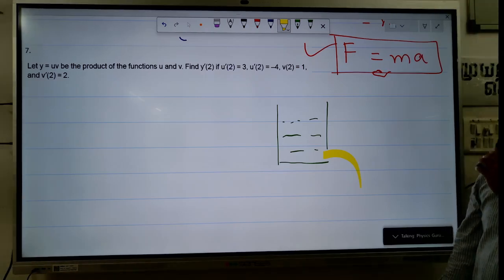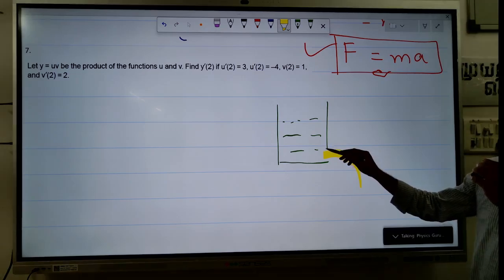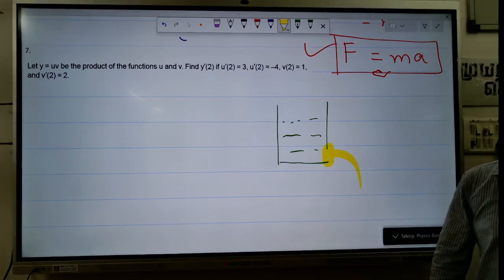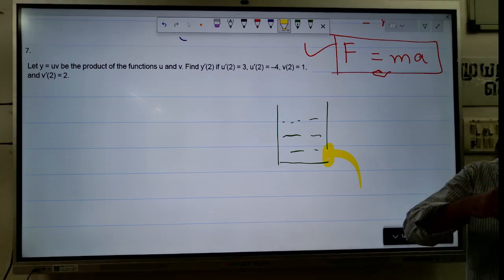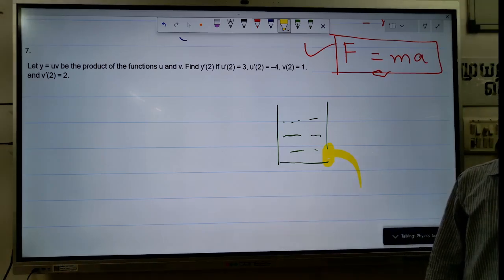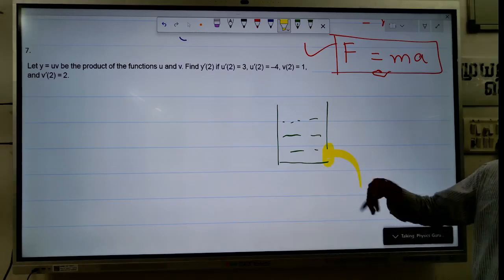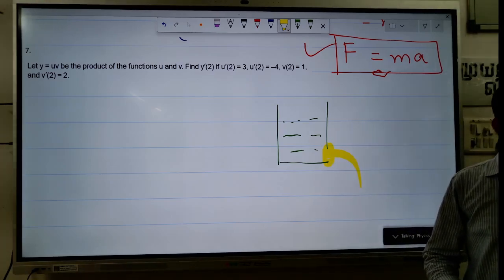Depending on the radius of this opening, which we call an orifice, the radius decides how much water has to flow outside. Got it? So if the radius increases, flow will also increase.